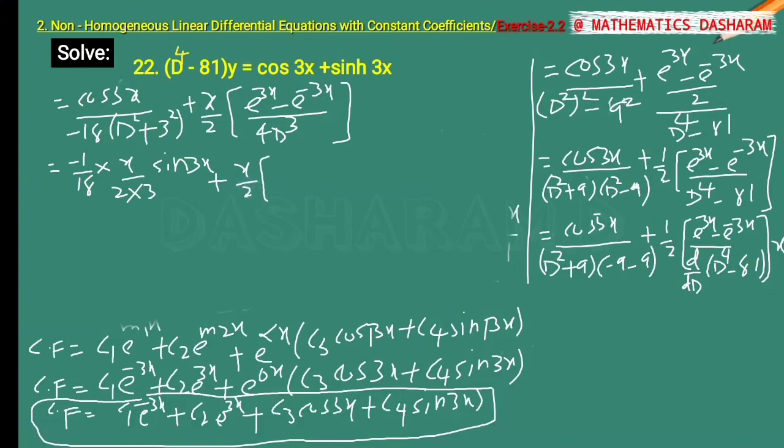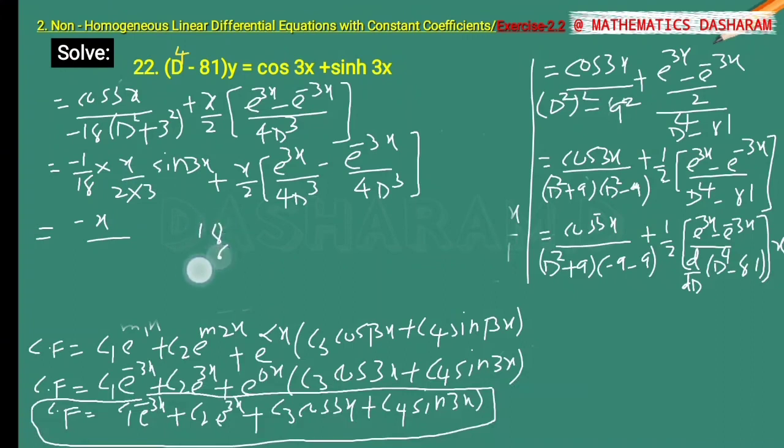So it is equal to minus x by 108 into sin 3x plus x by 2 into e to the power of 3x by 3 cube is 27, 27 fours are 108, and 3 cube minus 3 cube is minus 27, minus 27 into 4 is minus 108, and in the numerator there is already a minus, so plus e to the power of minus 3x by 108.